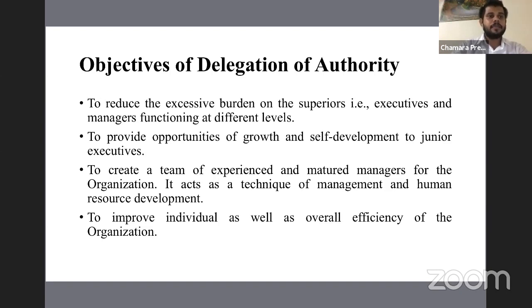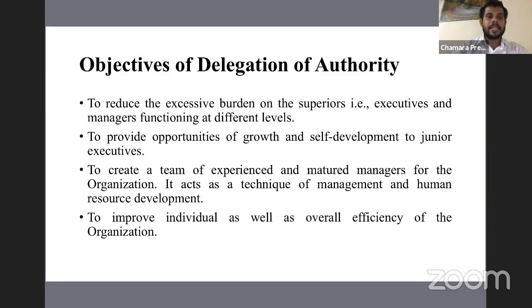To create a team of experienced and matured managers for the organization, it acts as a technique of management and human resource development. If we want well-equipped, well-qualified, skillful employees, or teams, we need to give the authority as well.